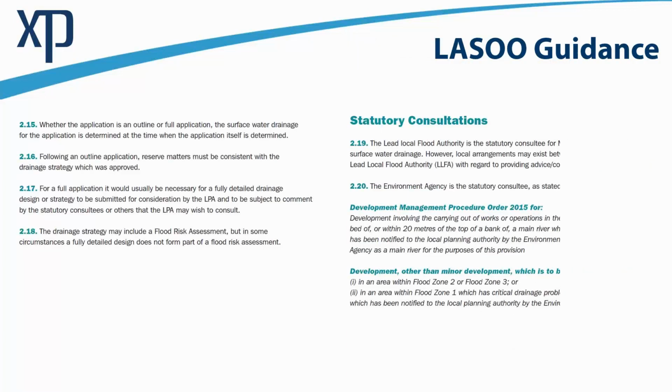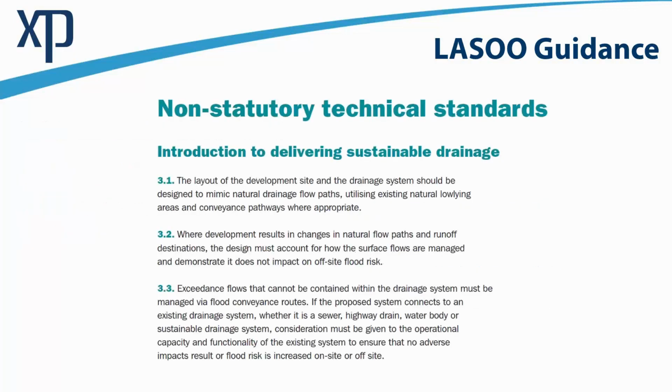So looking at this non-statutory technical standard, right at the introduction phase of the document itself, they're mentioning the layout of the development and the drainage system, and the fact that we're looking at trying to mimic the natural drainage flow paths. So we're trying to utilize this existing topography. We don't want to, post-development or during the design phase, have to do a lot of re-landscaping or enhancement of drainage networks, etc., when you can work in sympathy with the overland natural flood flow routes.